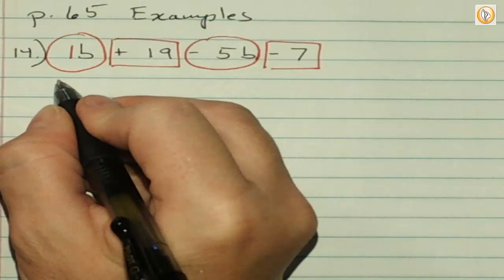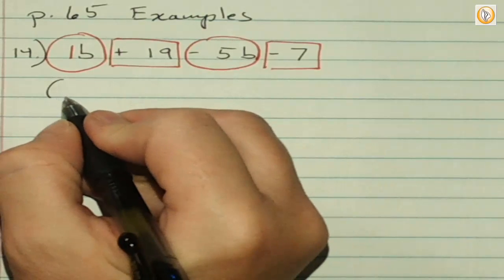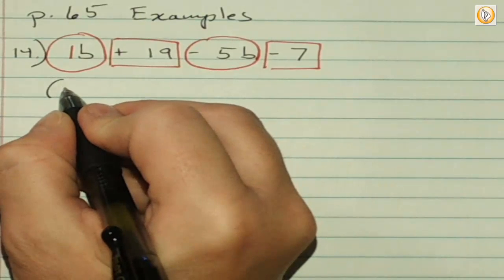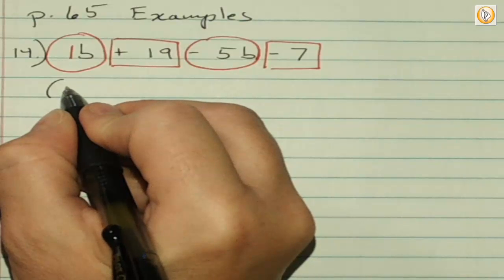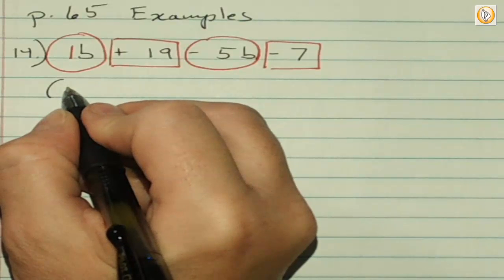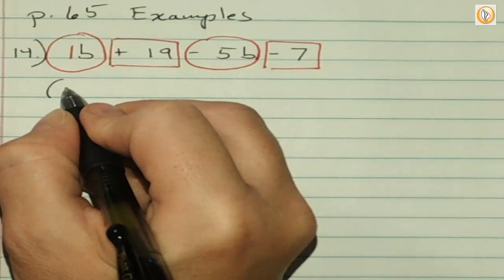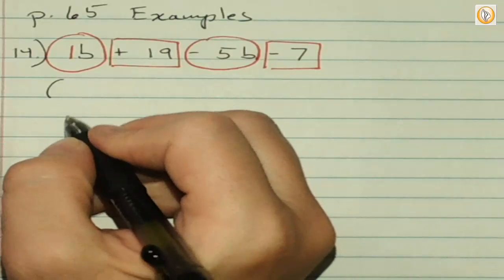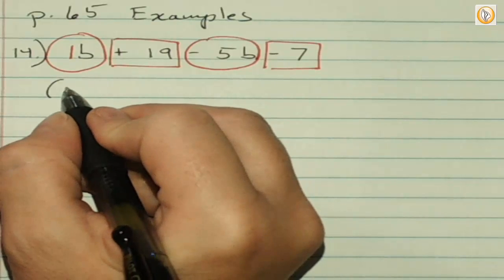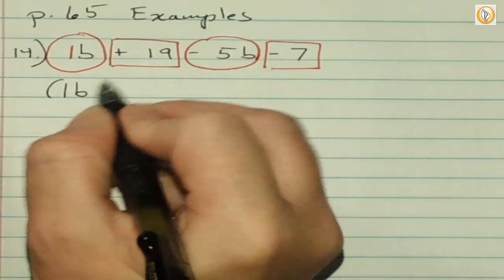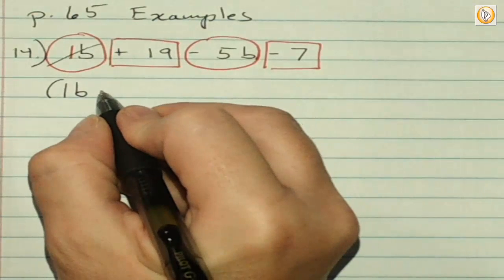So, Kelly, tell me how to write this. In parentheses, what do I put? Is it 19 first or b first? It doesn't matter. 1b, cross out.